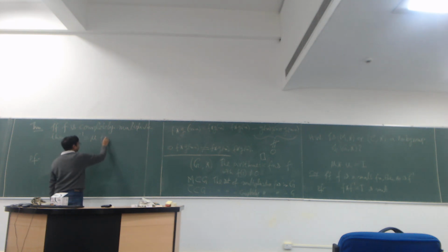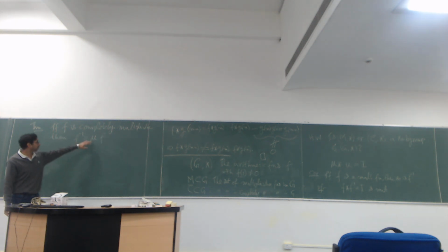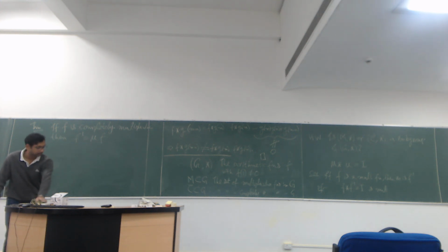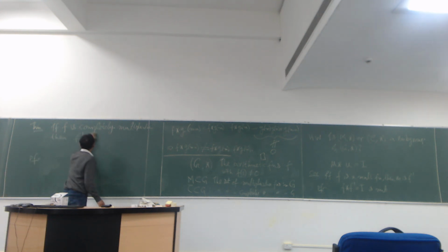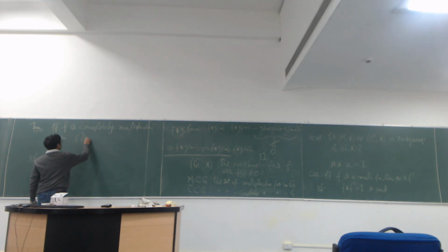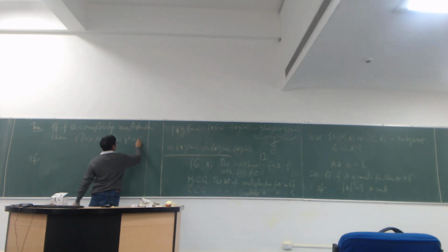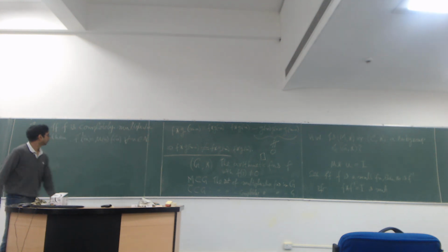So this is not due to convolution, this is pointwise multiplication. So f inverse of n is mu(n) f(n). Just write it in that form. And the proof is very simple.